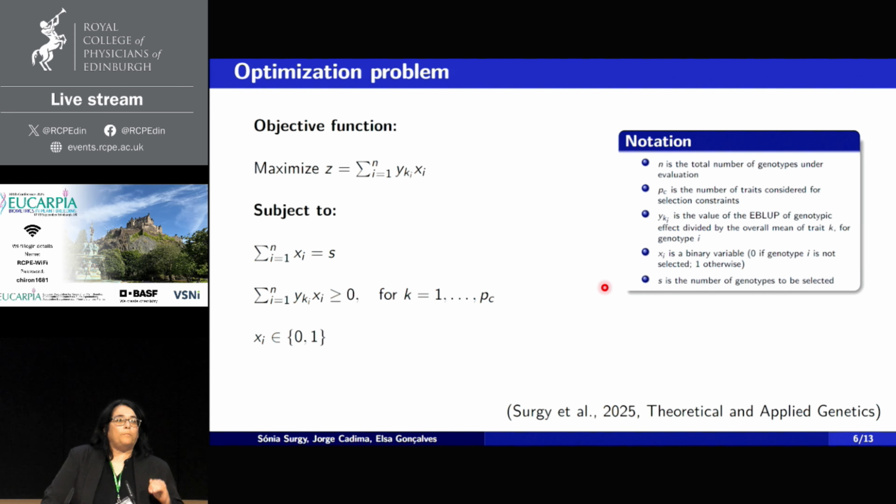Now, keeping only one trait in the objective function, but adding constraints to the other traits to be greater or equal than 0, we can assess what we called the maximum admissible gain. That is the maximum gain possible to achieve with the selection of a trait without inducing losses in the other traits.